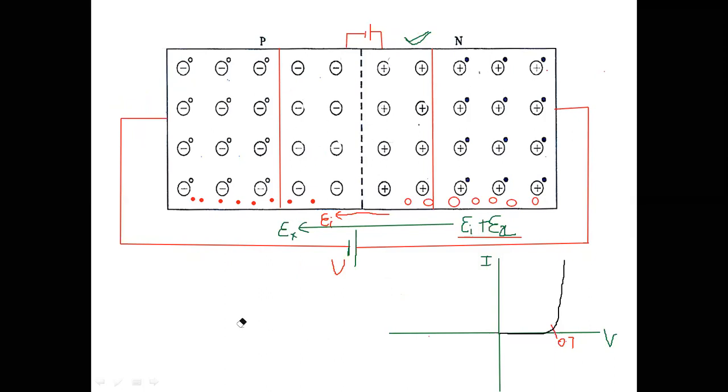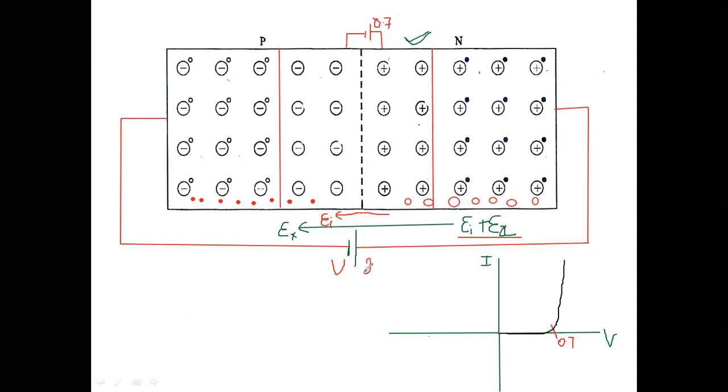So one point to remember here is, what will be the voltage here now? Actually it is 0.7 volts, which is the internal potential barrier set up here. And here I am applying a larger voltage.